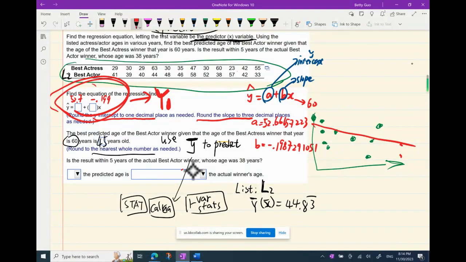You would say no, right? Because 45 and 38 have a pretty big distance. The predicted age, 45, is more than 5 years away.